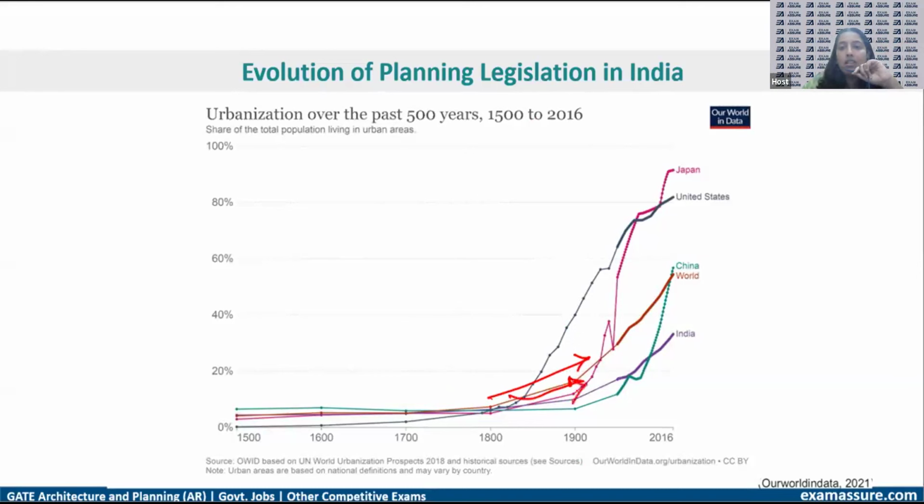Because of that sudden increase in the population in urban areas, there was a lot of pressure on the infrastructure that was existing in these urban areas. Now, let's say if you have less infrastructure and you have more number of people, what is going to happen? There will be unhealthy conditions, poor sanitary conditions that are going to be created, and that led to outbreaks of diseases, etc.